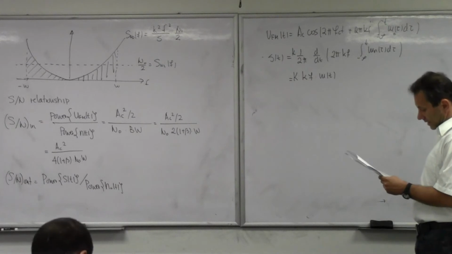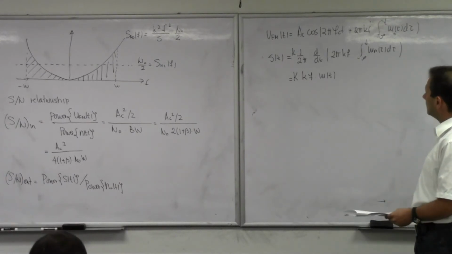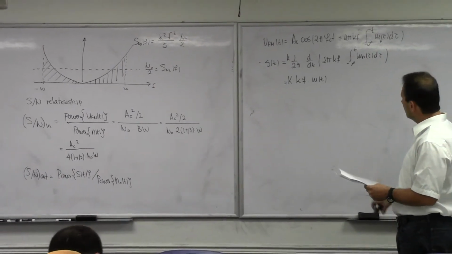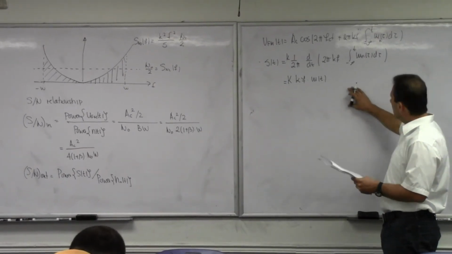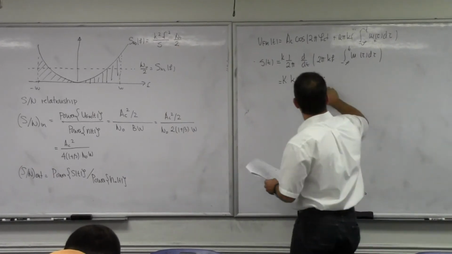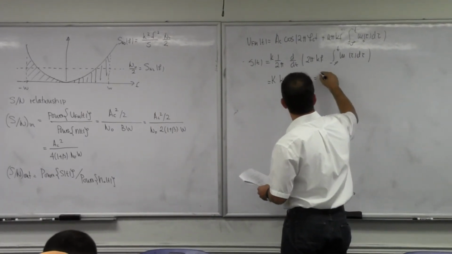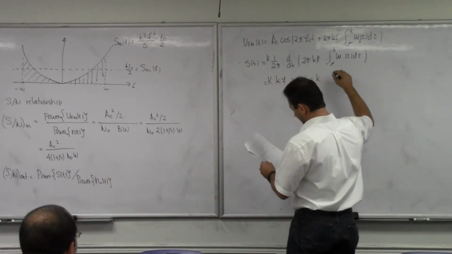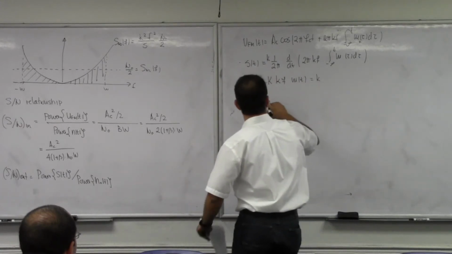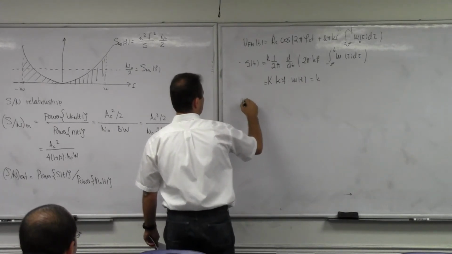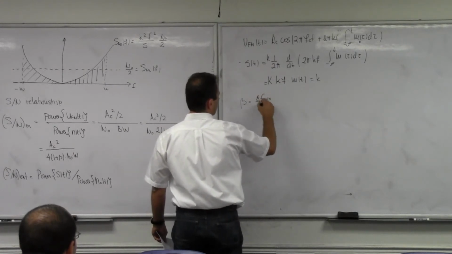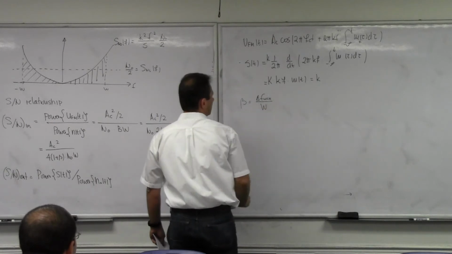So now, we'd like to express this in terms of beta. So I'm going to write this as K, and Kf can be expressed as, remember our definition of beta for FM was delta F maximum over W, right?